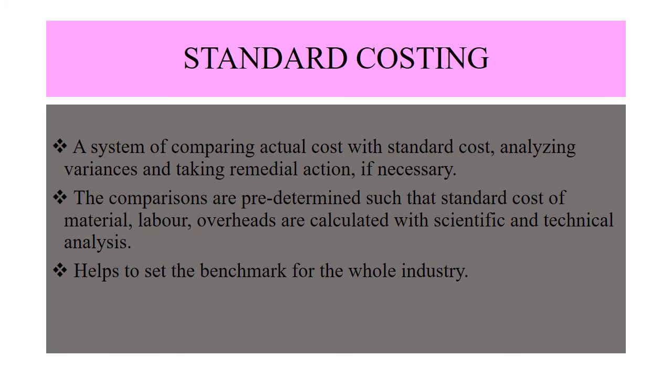So, we analyze the reason for this adverse variance and try to solve the root causes. And if the standard costs are higher than the actual costs, the variance is favorable. Even favorable variances must be analyzed. This permits management to investigate the reason for the variance and to take suitable corrective action.